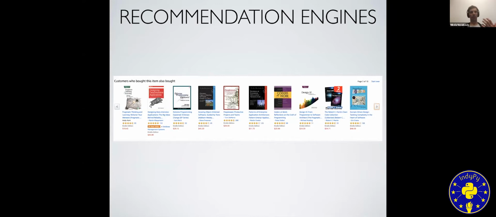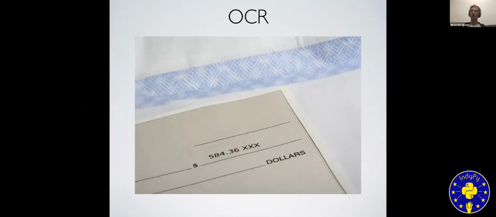This is a very popular way nowadays that you see machine learning on the web. Recommendation engines are also in Netflix and YouTube. If you watch a movie or a video and afterwards you get similar movies or videos, it works on a similar principle.